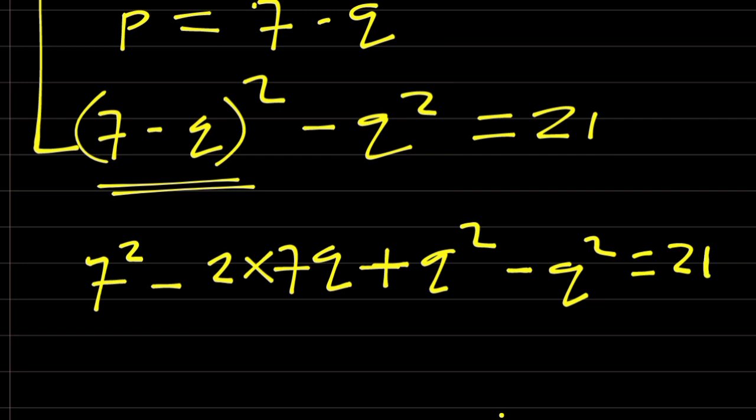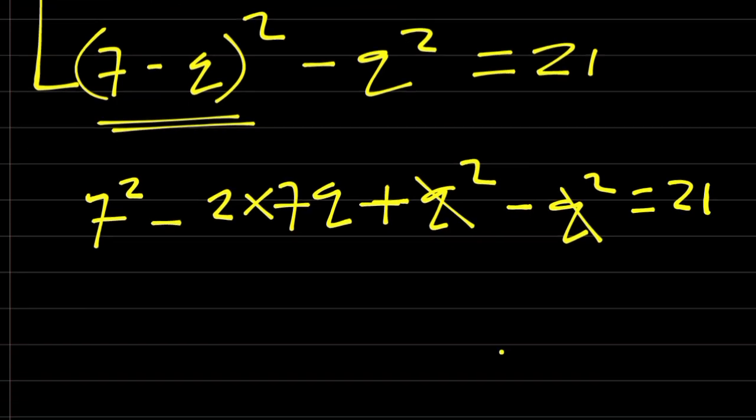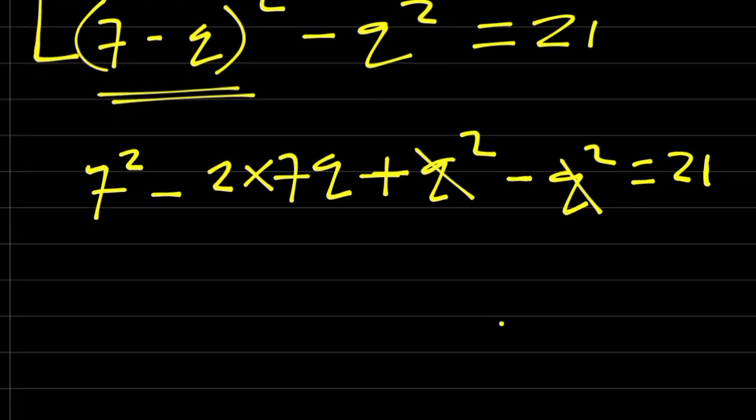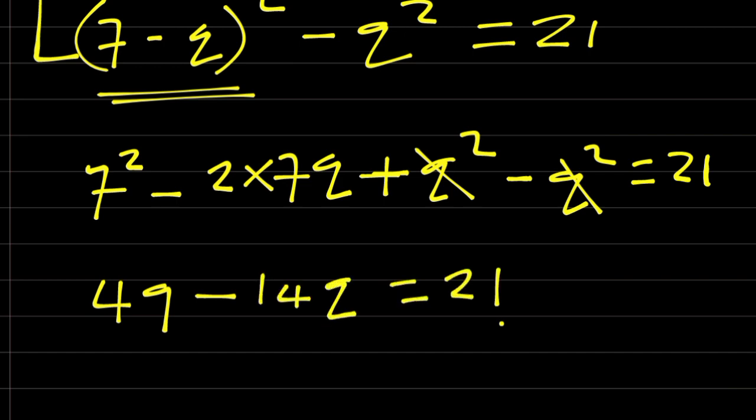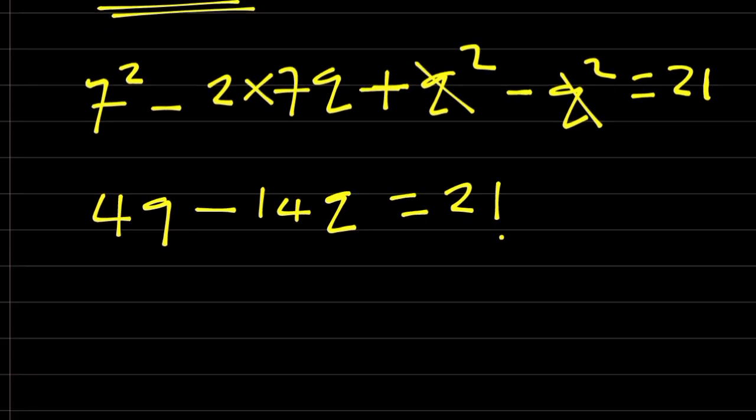Okay, from this, we have plus Q squared minus Q squared. We cancel. So 7 squared is 49. Then minus 2 times 7Q, that is 14Q, is equal to 21. If you look at each of the terms, 7 can divide everything.